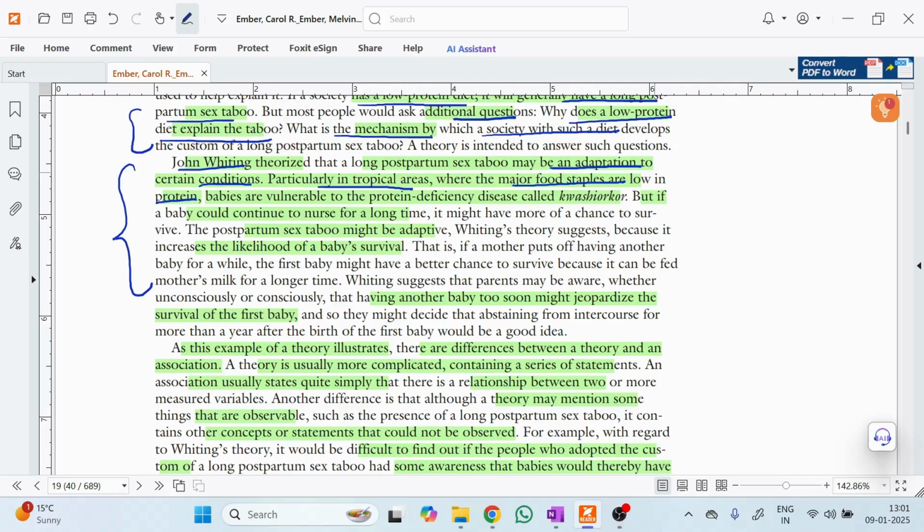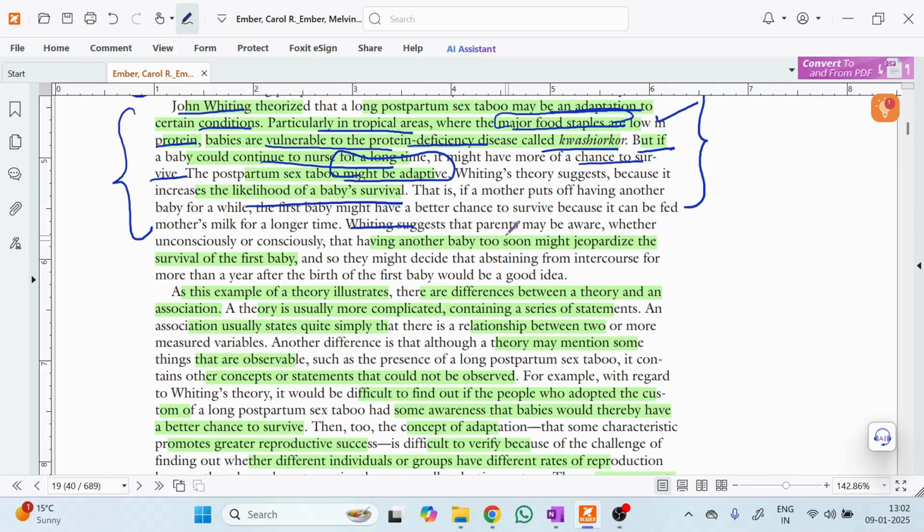This observation particularly stands out because it is somewhere closer to the explanation of this phenomenon. In the tropics, where all these staples are low in protein, babies are vulnerable to protein deficiency called kwashiorkor. In that situation, if mothers nurse their baby for a long time, the baby might have a greater chance of survival. So this custom might be an adaptive mechanism for survival, which increases the likelihood of the baby's survival.